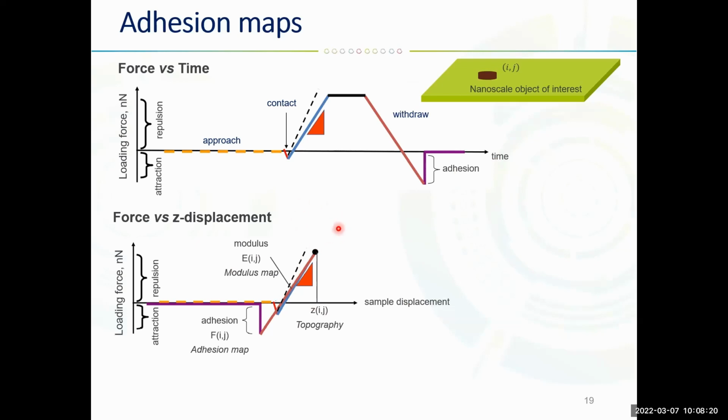Typically, when you do an adhesion map or a modulus map, you do not perform it at the same resolution as the topographic map, because of the time required. Typically, you will run about 128 by 128 pixels, and the image can be acquired at this resolution in 5 to 10 minutes.